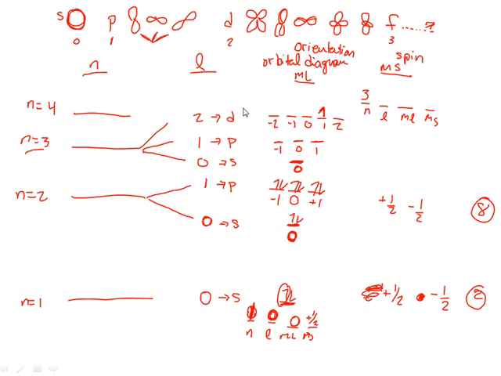It's in a d subshell, and d corresponds to 2. And m sub l is which orientation of the d it's in, and it's in the number 1 orbital, and it's spin up, so we would put +1/2.